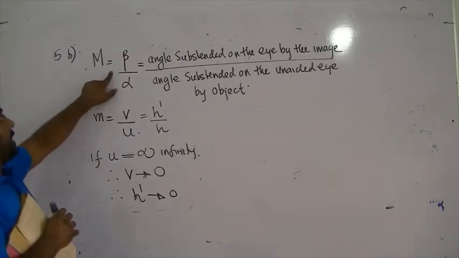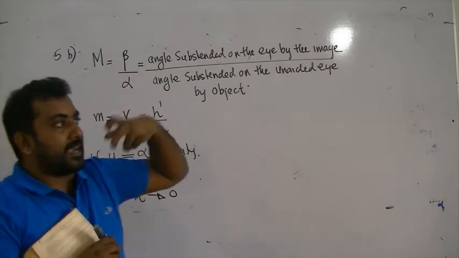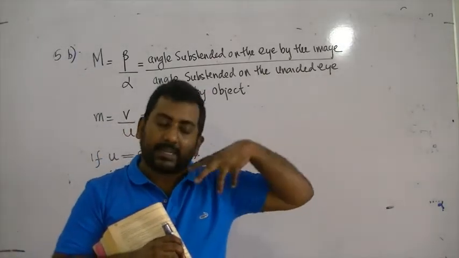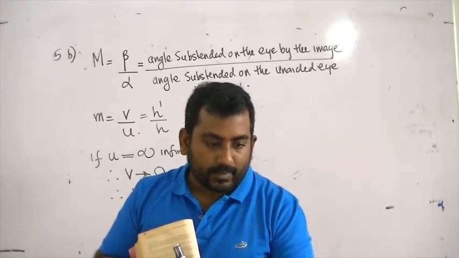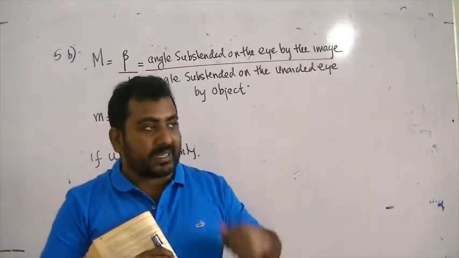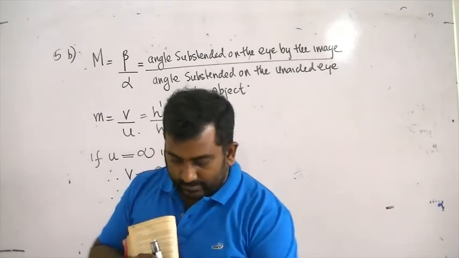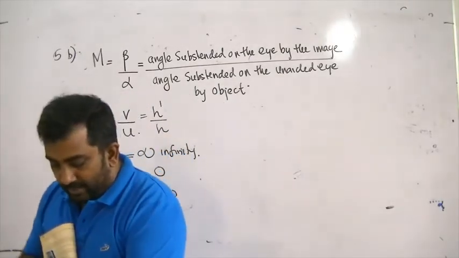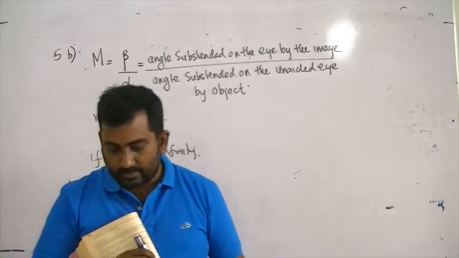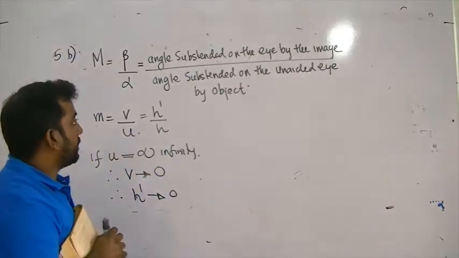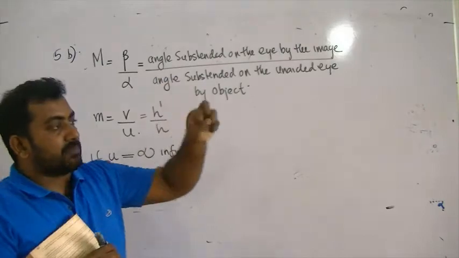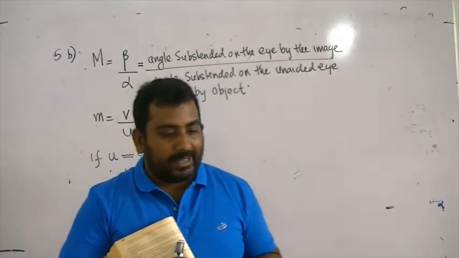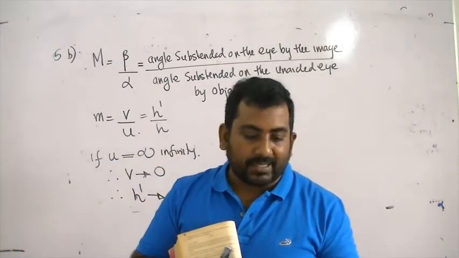But angular magnification is the angle subtended on the eye. So that will represent exactly what we see. So we can write the answer there. When an object is far away, the angle subtended on the eye is small.